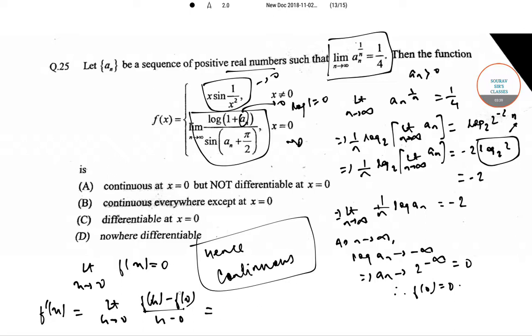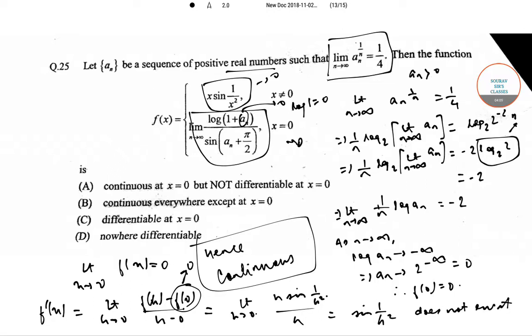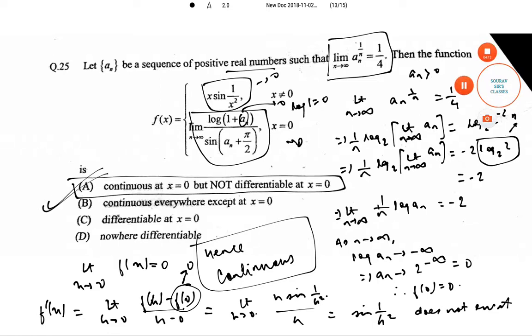So now f(0) is 0, so limit h tends to 0 of h into sine 1 by h squared by h gives us sine 1 by h squared, which does not exist. Therefore, the function is continuous at x is equal to 0 but not differentiable at x is equal to 0.